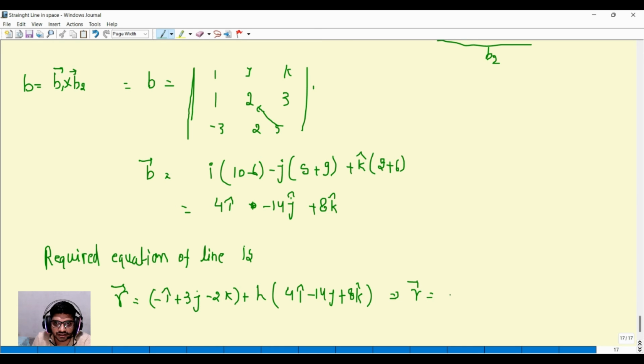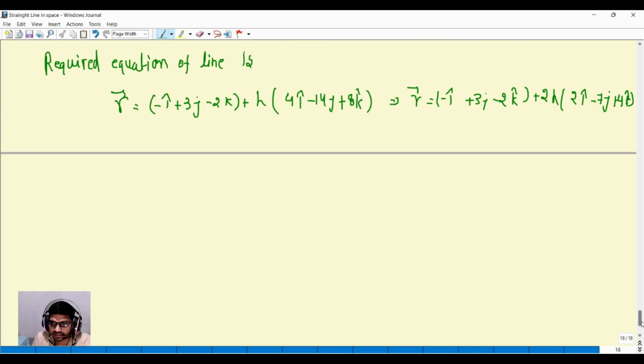So r equals minus i plus 3j minus 2k, okay, then plus 2 lambda times 2i minus 7j plus 4k.